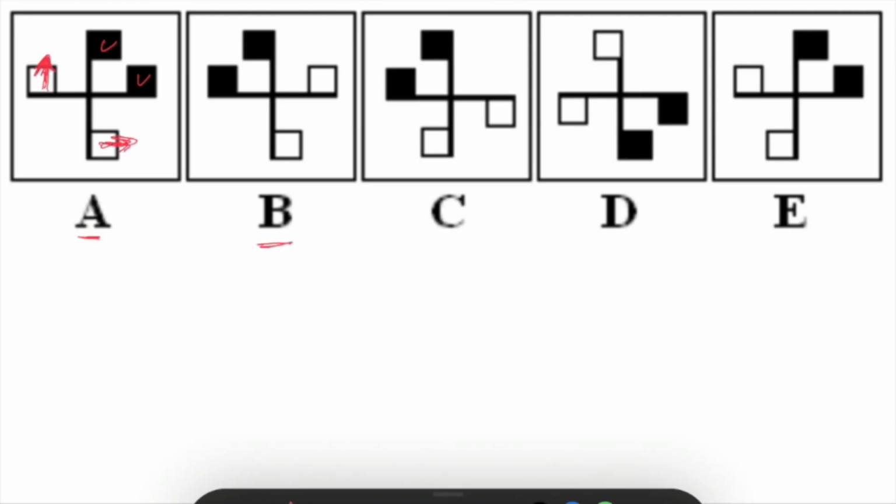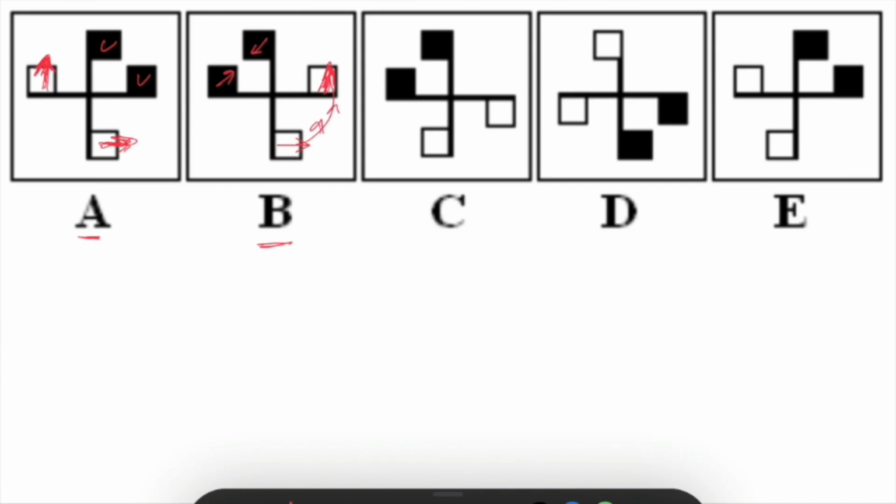In B, the black boxes have the same pattern, and we have the white boxes, one on this side and one on this side. So the white boxes here are directed anti-clockwise.